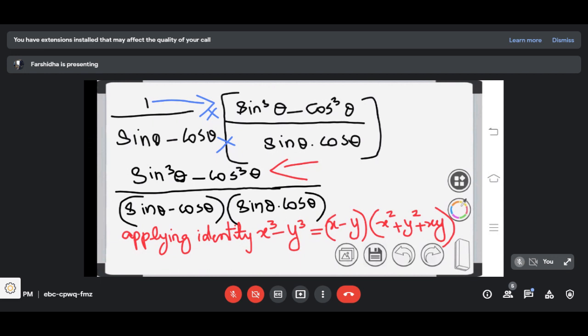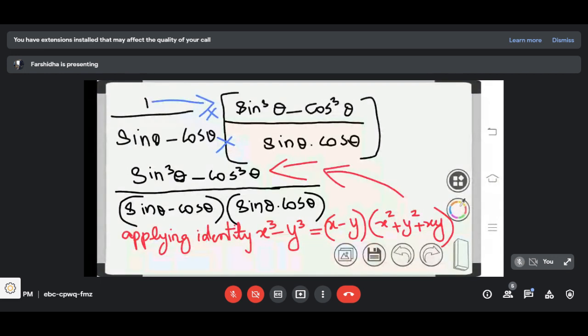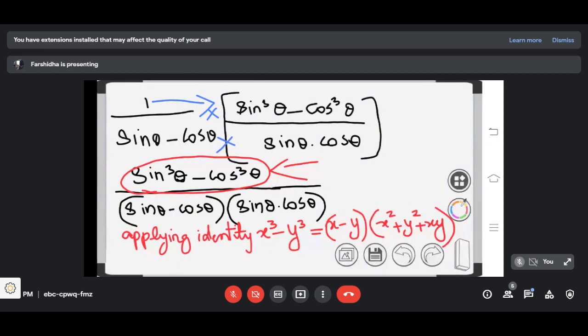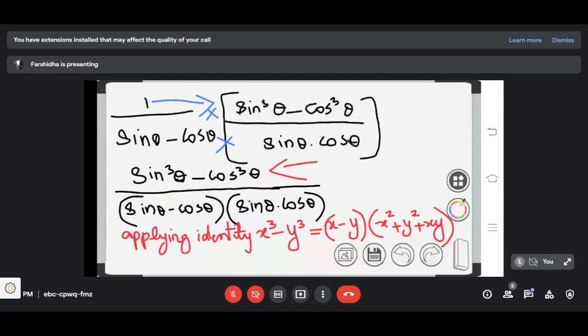So we'll apply this identity to the numerator. Sine cube theta minus cos cube theta is in the form of identity x cube minus y cube, so we'll apply this identity into the numerator, x minus y into x square plus y square plus xy.